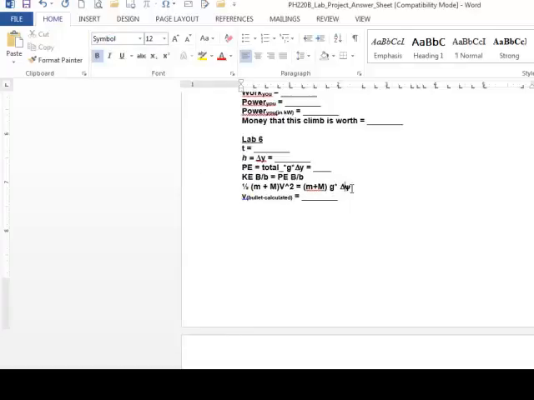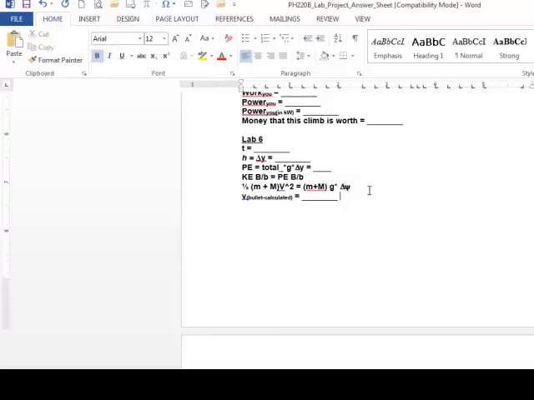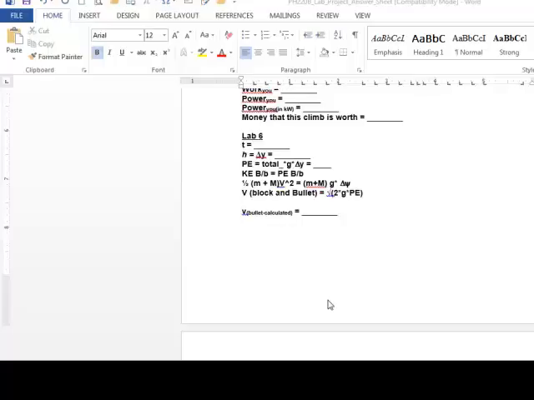So what that means, if we manipulate this, is that the block and the bullet have a velocity equal to the square root of 2g times the change in height. Okay?